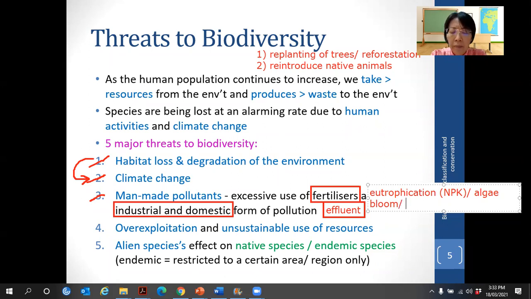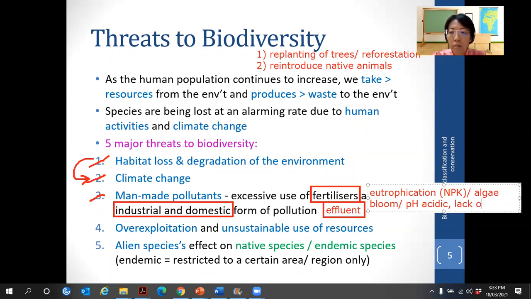So because of that, the pH of the water becomes very acidic. Okay, and why? Because there are a lot of bacteria that start to decompose, so a lot of CO2 has been released, so very acidic. And also pH becomes acidic. Okay.